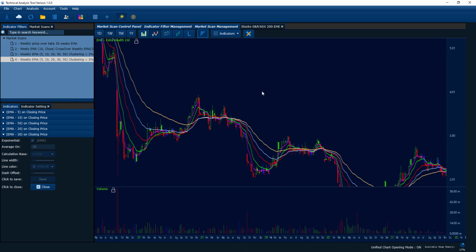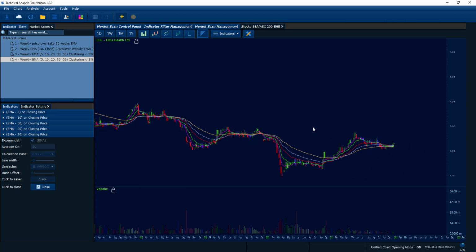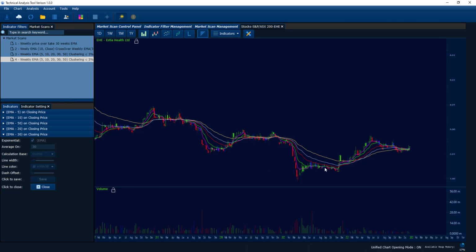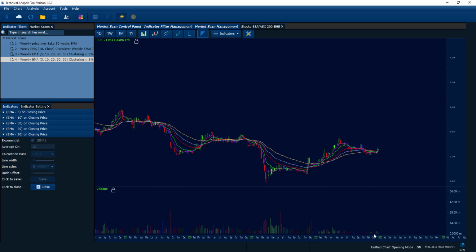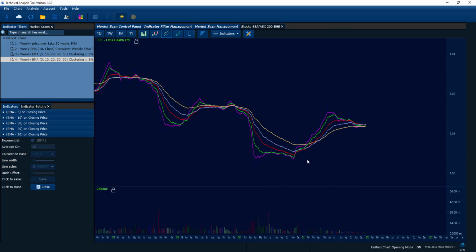It's been in a bear market for quite some time, at least 5 years, and recently it looks like it's turning around, but the volume doesn't appear to be picking up. Instead, it has a moving average clustering scenario happening, and its 30 weeks moving average is pointing up.